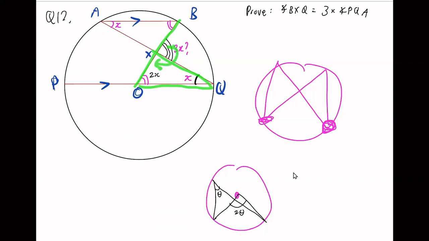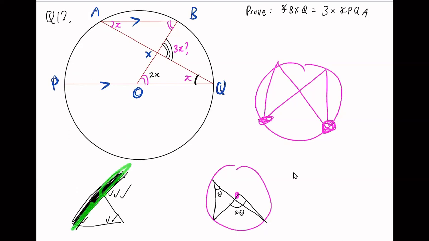Interior, but it's not the sum of all interior, it's the sum of interior opposite angles. In other words, this one and this one will give you this one. Single tick here, double tick here will give you the triple tick here, provided this is a straight line. Then it's proven already.